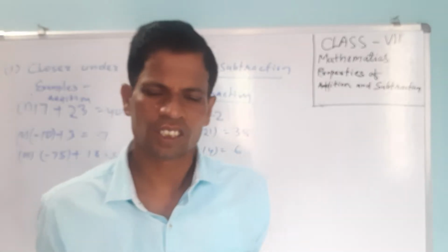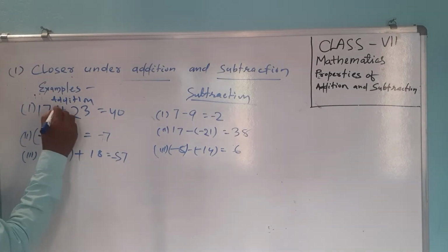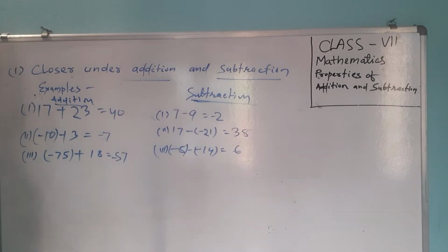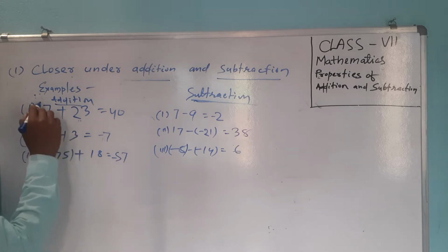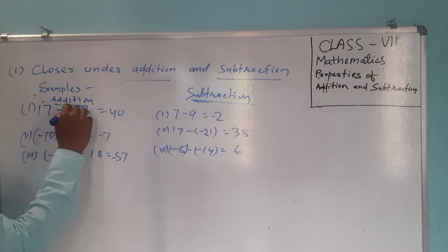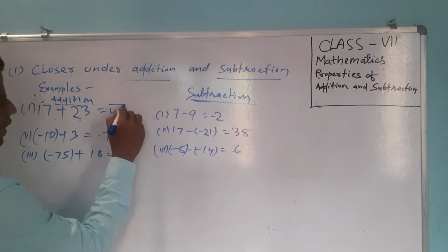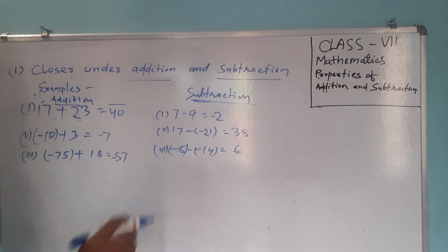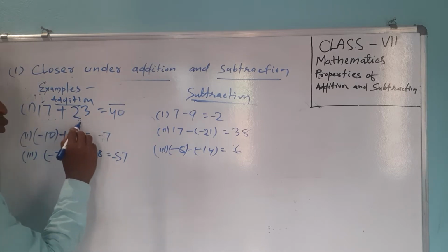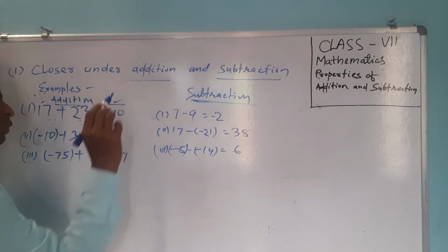Now I will take some examples for you. This is for addition and this is for subtraction. 17 plus 23: 17 is an integer, 23 is an integer, and 40 is also an integer. Here adding 17 and 23 results in 40.